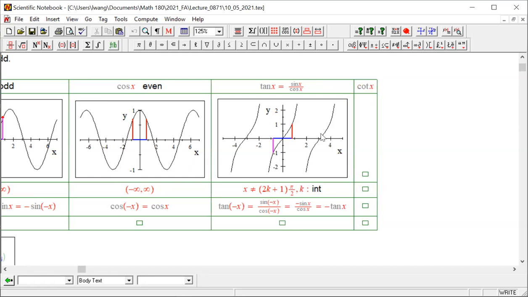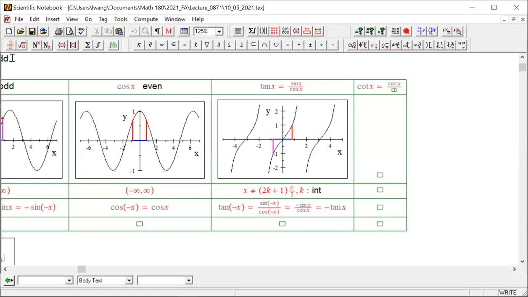Cotangent x equals what? Cosine x over sine x. We haven't done cotangent. Now I want you to put on your thinking cap, from what we have done. Work on paper and pencil and tell me, is cotangent even, odd, or neither? Five minutes.